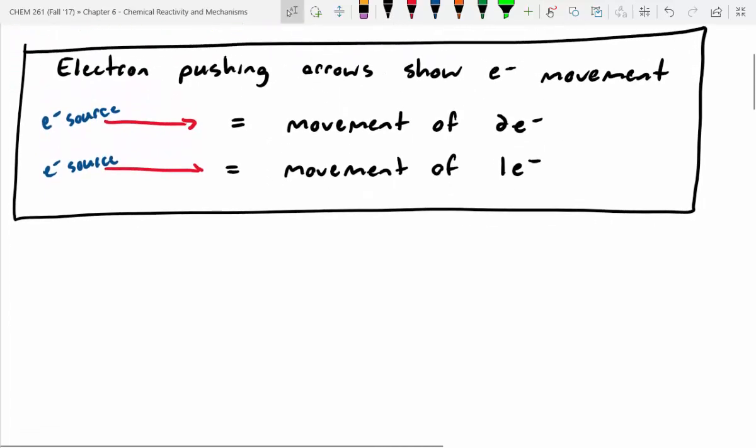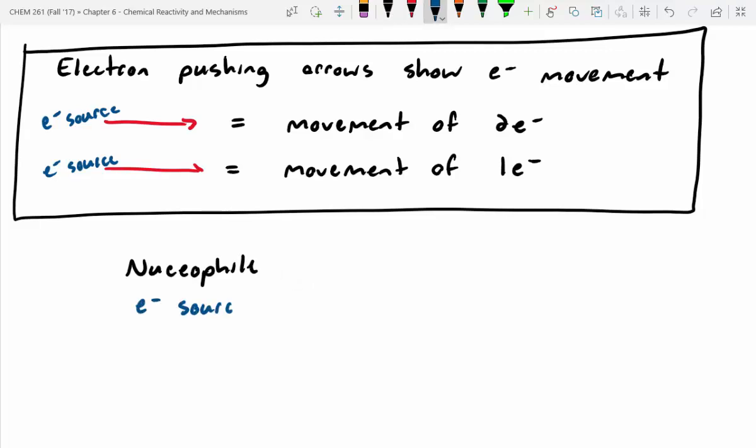So another easy way to remember this is that your nucleophile is always going to be your electron source. And typically you're going to have a double-headed arrow from your nucleophile over to your electrophile. And this is going to be your electron destination.